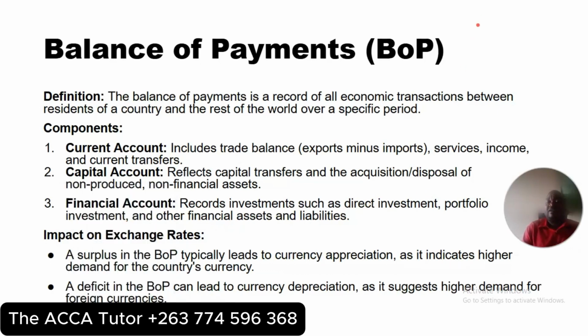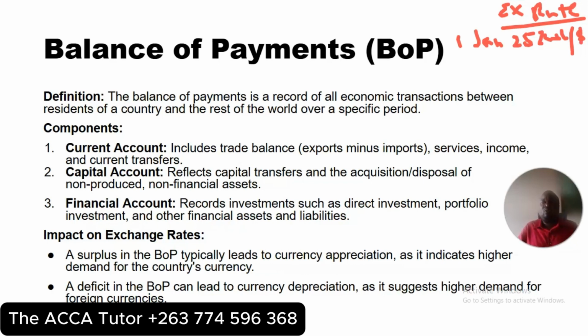Okay, if we are saying on 1 January 2025 the exchange rate between the USD and the Zimbabwean dollar was, let's say, 25 ZWL, 25 Zim dollars or Zigs, per $1 US.